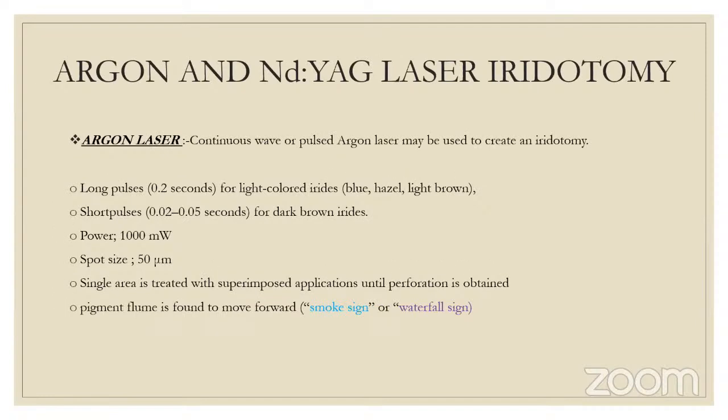So when do you use the double frequency Nd:YAG laser and when do you use the Nd:YAG laser for iridotomy? Do we have both in our center? Yes, sir. Okay, so the double frequency Nd:YAG laser is the green laser. And what is the color of the Nd:YAG laser? Colorless.